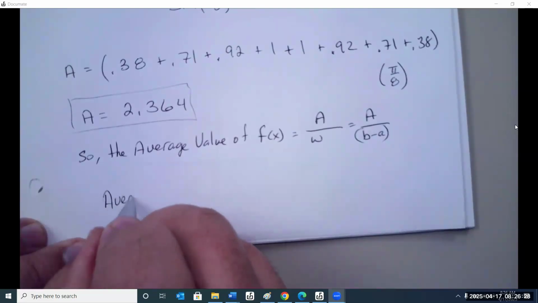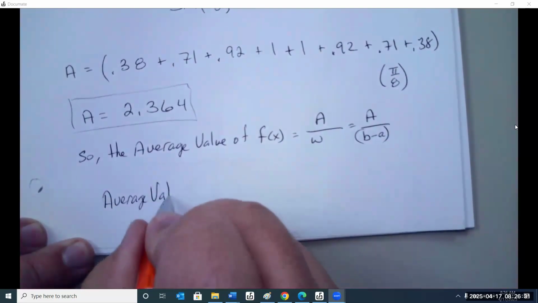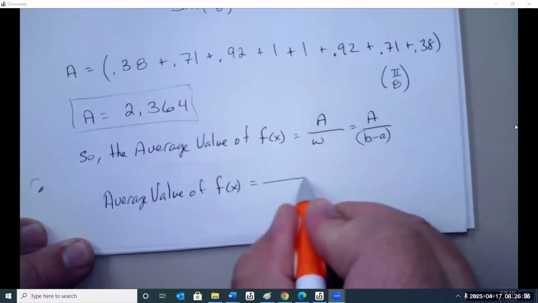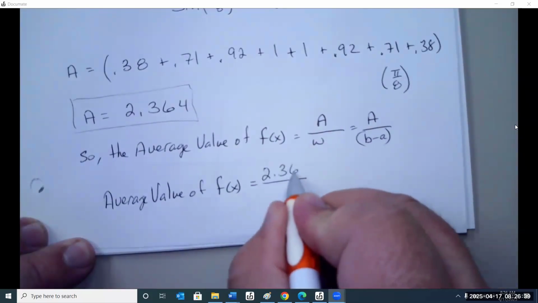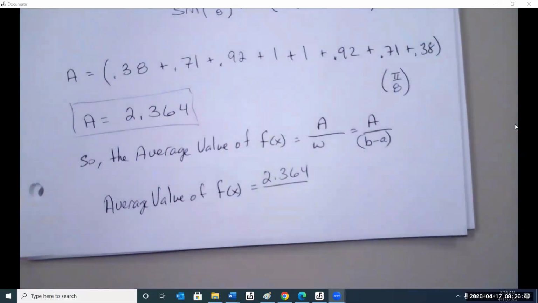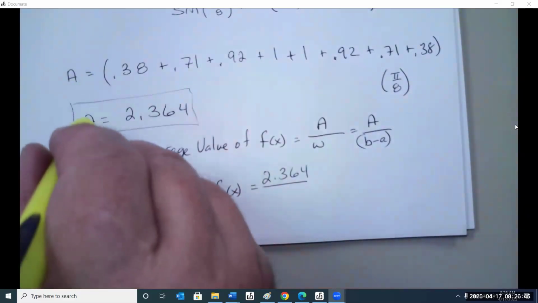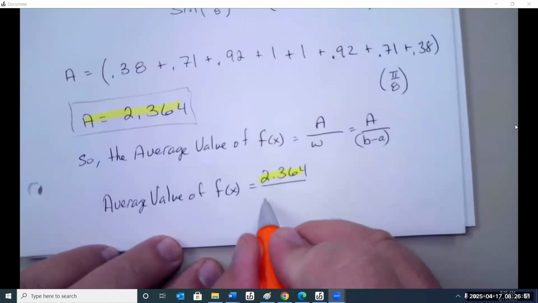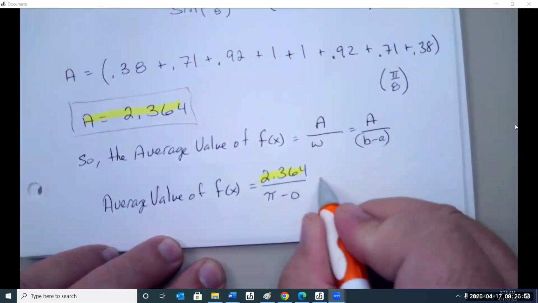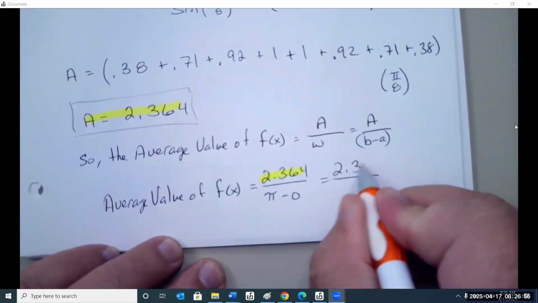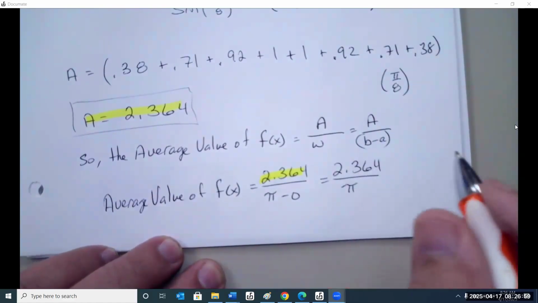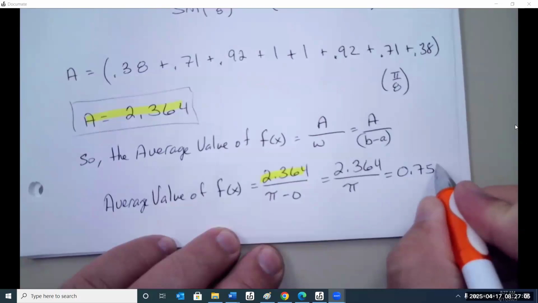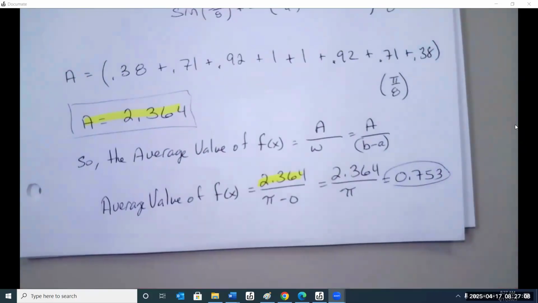So the average value of our function is equal to 2.364, this value we just found, divided by pi minus 0, which is 2.364 over pi, which equals 0.753. And that's the average value we're looking for.